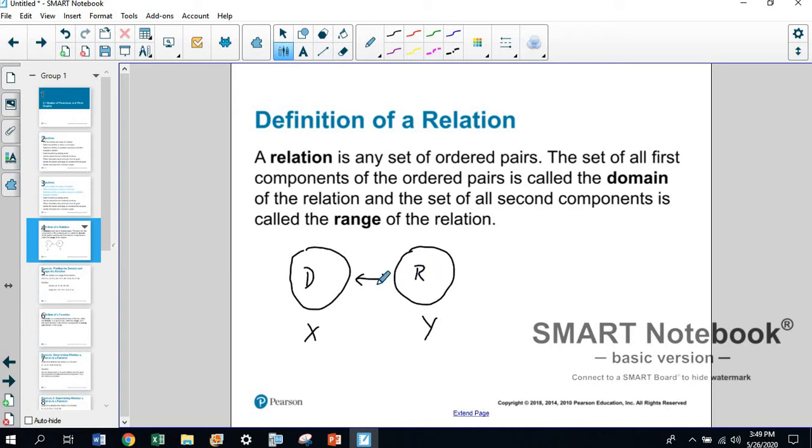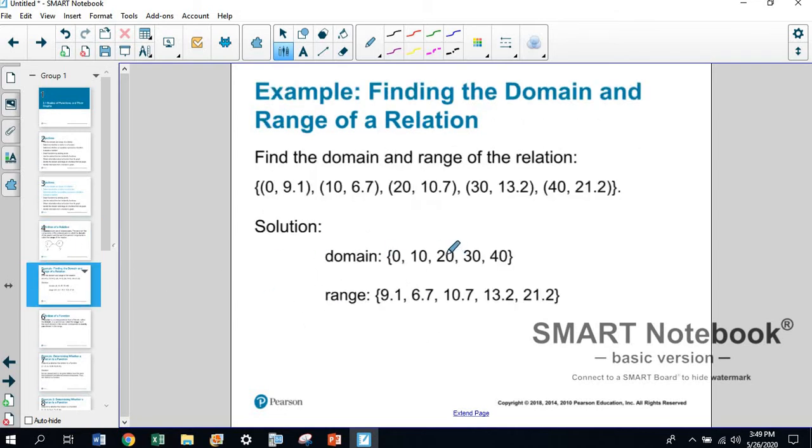All right, and so this is the basics of a relation, but relations don't have any real rules to them other than there's a set of ordered pairs. So when you're looking at these, the domain of the relation is the first number in the ordered pairs.